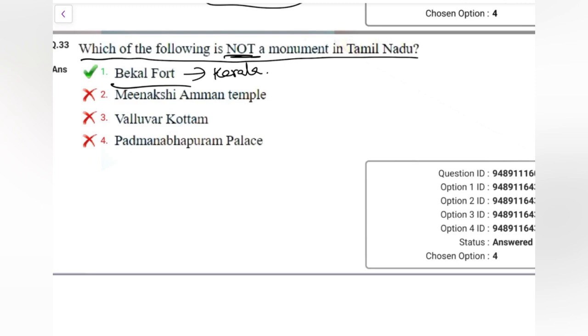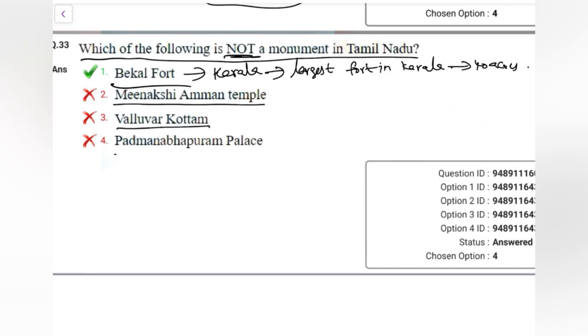It's the largest fort in Kerala, spreading over 40 acres. And Meenakshi Amman Temple, Valluvar Kottam, Padmanabhapuram Palace, these three are in Tamil Nadu.